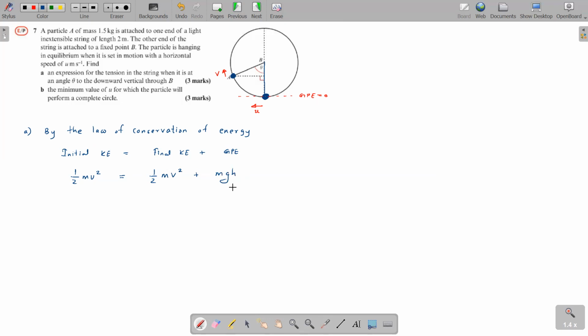Now this is the place where you need to be cautious, because you need to write the height. How do we write the height? The length is 2 meters, but I need the vertical height.